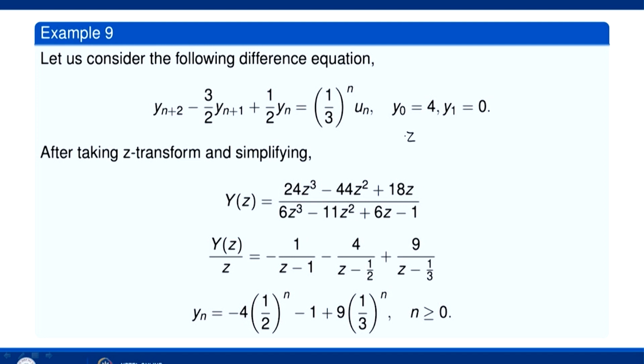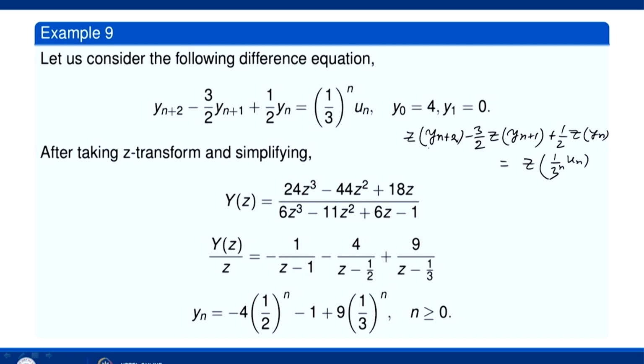So, Z transform of y(n plus 2) minus 3 by 2, we are using the linearity property when we are writing the Z transform of the left side. Okay. So, 3 by 2 Z of y(n plus 1) plus 1 by 2 Z of y(n) equal to the Z transform of (1 by 3) to the power n u(n).